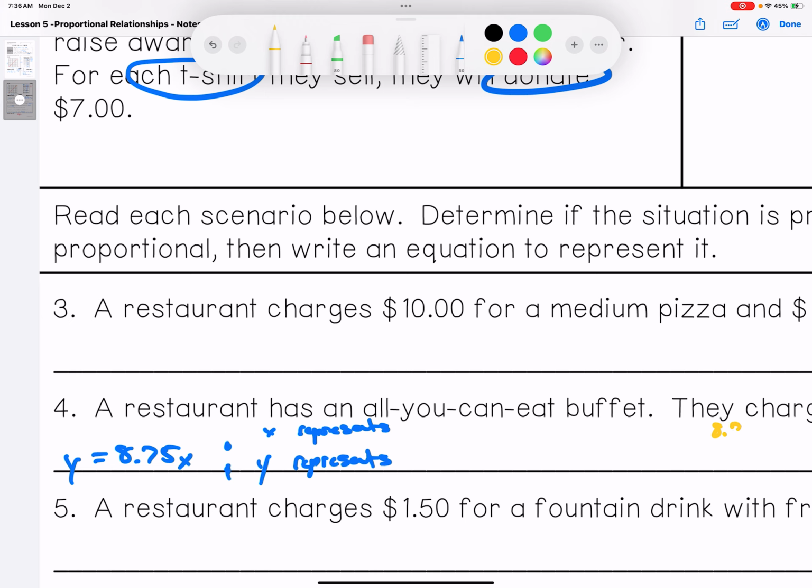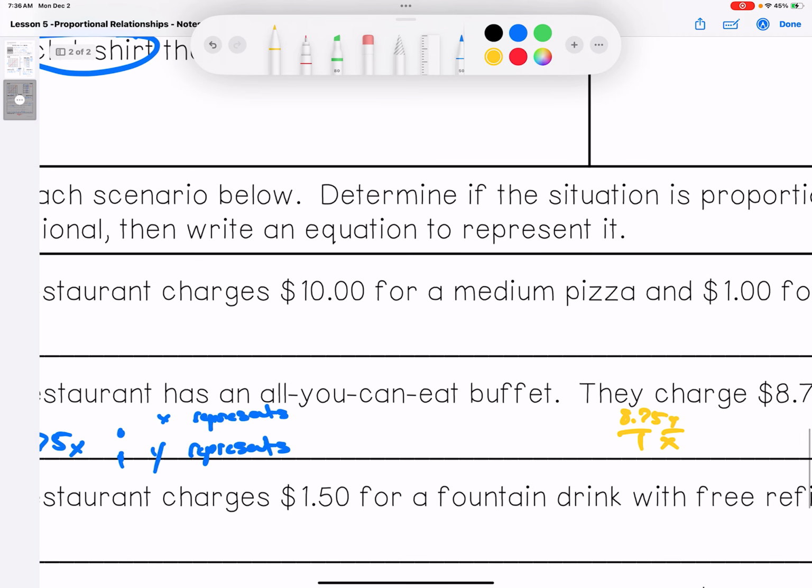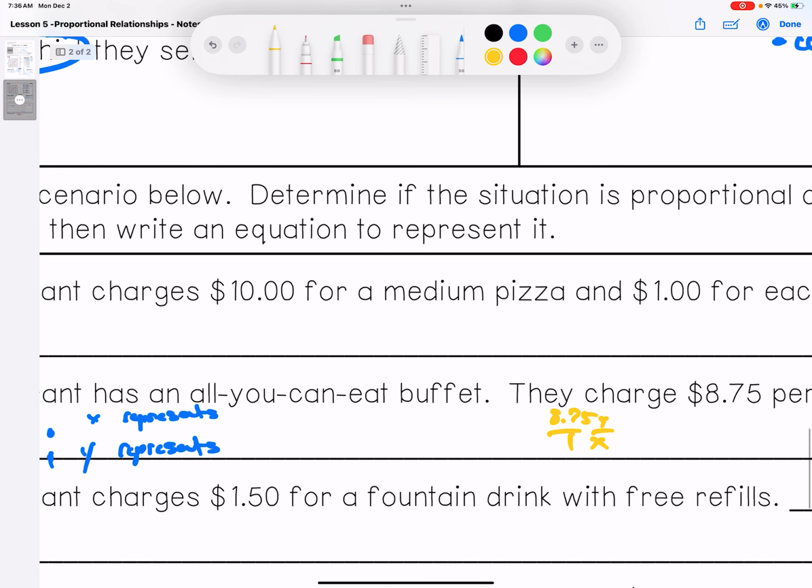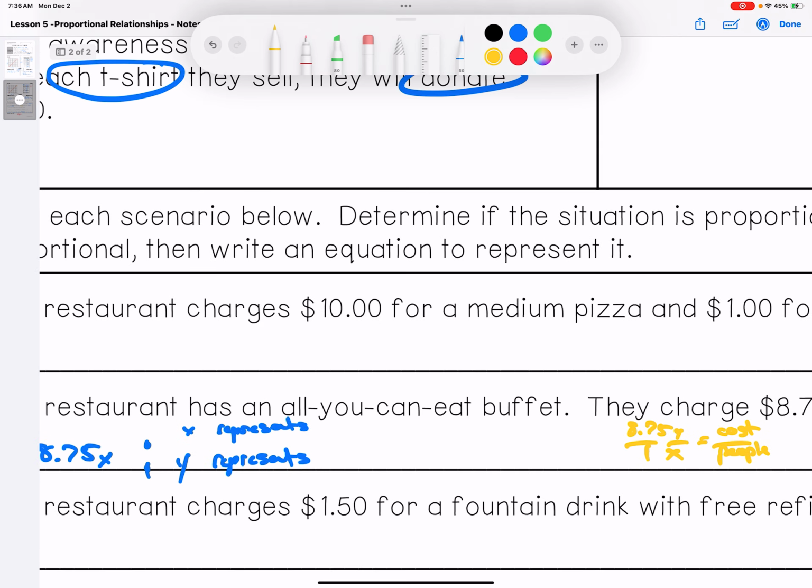It's Y over 1. So what is 8.75? That is the cost, and the bottom is the people, because it's $8.75 per person. So Y represents the cost. X represents the number of people.